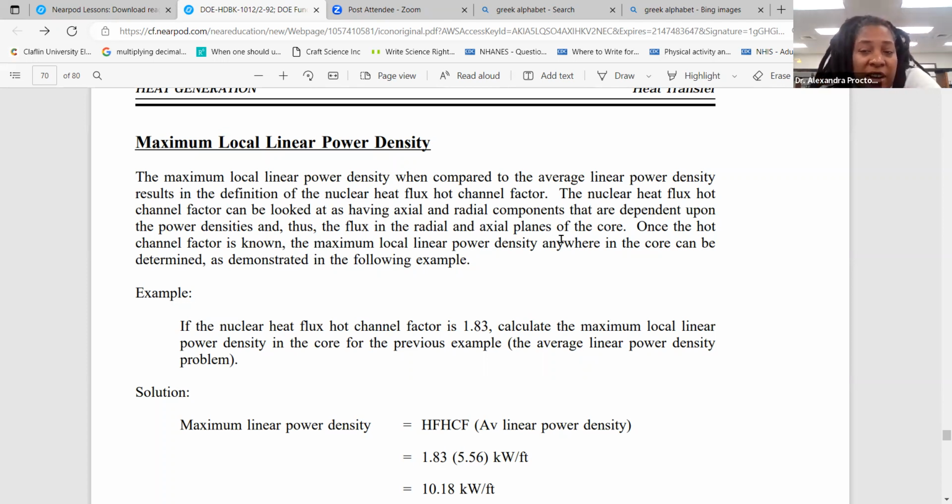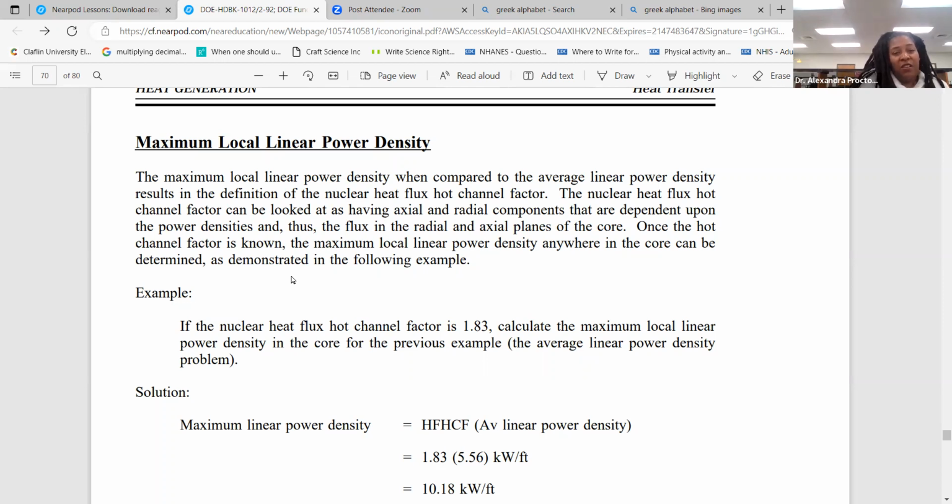And this nuclear heat flux hot channel factor can be looked at as having axial and radial components that are dependent upon power densities, and thus the flux in the radial and axial planes of the core.